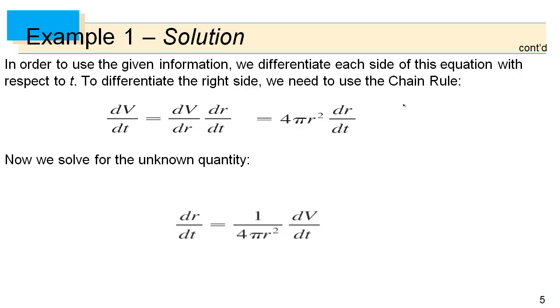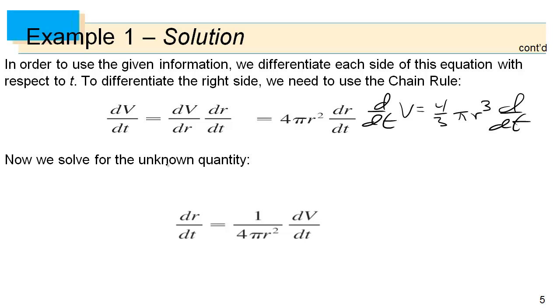So with the original volume equals 4/3 pi r cubed, if you want to take dV/dt, you're basically taking d/dt of both sides, the derivative with respect to time. That's where you get dV/dt here, and then you're going to get a dr/dt over here. So the 3 comes down and cancels that, and that's where you get the 4, and then pi r squared dr/dt.